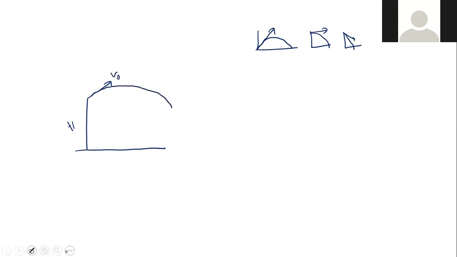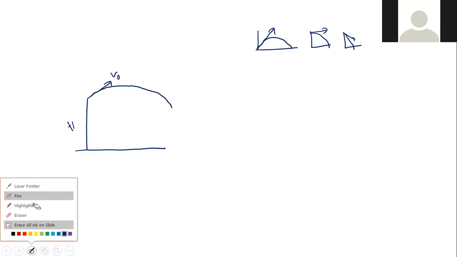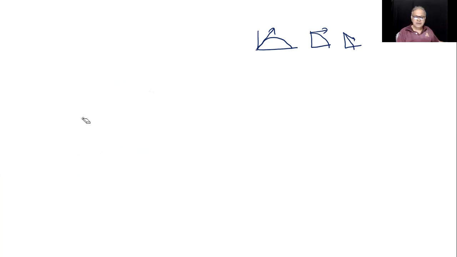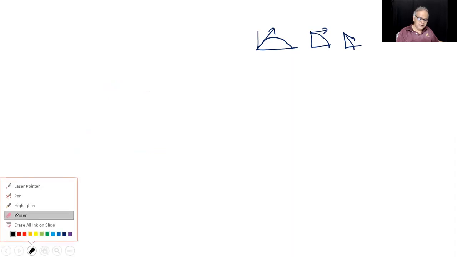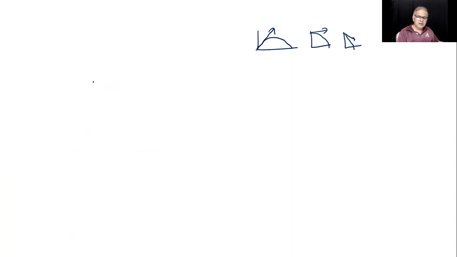I'll draw it again. It's not looking nice. Not looking proper. This height, let me put. This is H. Just a reference line you draw. And there's a velocity, children.